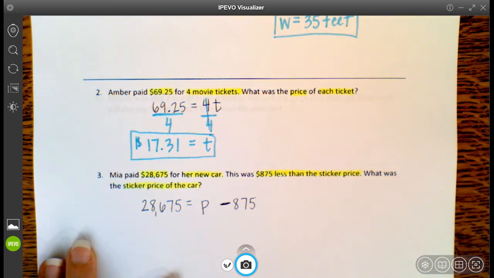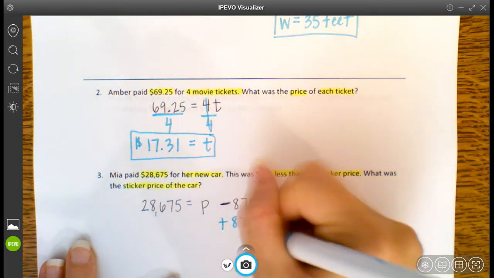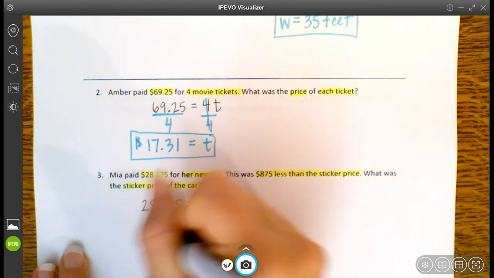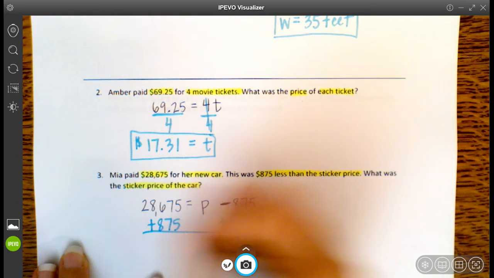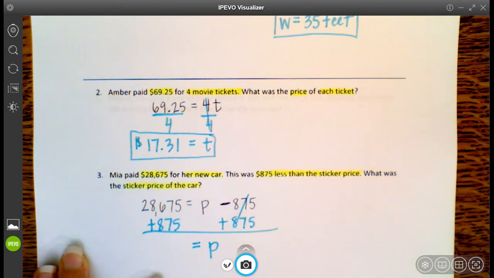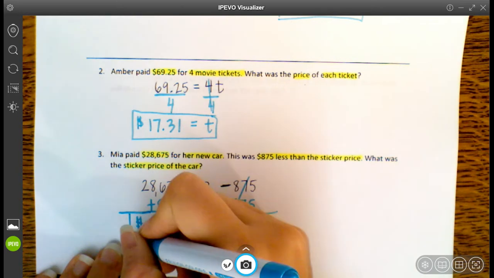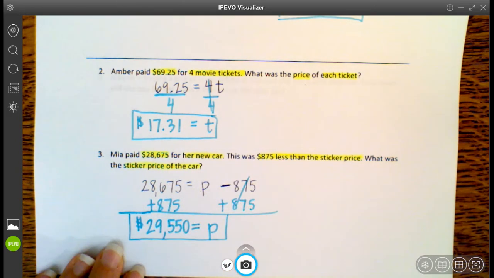So in order to find the original sticker price without taking away the $875, we undo subtraction, which ends up giving us addition of the $875 on both sides, which means the original sticker price of Mia's vehicle was $29,550 for the original sticker price of her vehicle.